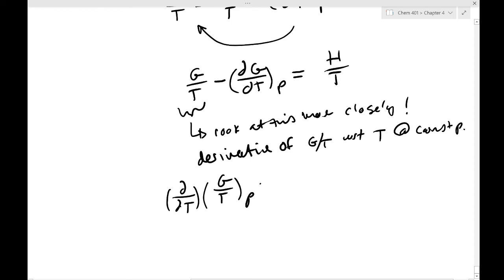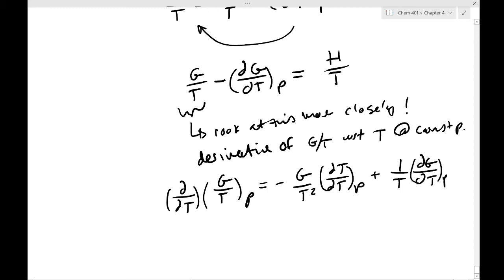If we follow this explicitly with the chain rule, we can write this out as negative G over T squared times the partial of T with respect to T at constant pressure, plus 1 over T times the partial of G with respect to T at constant pressure.